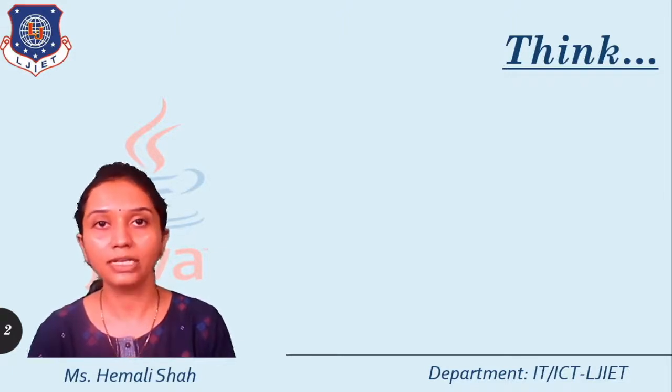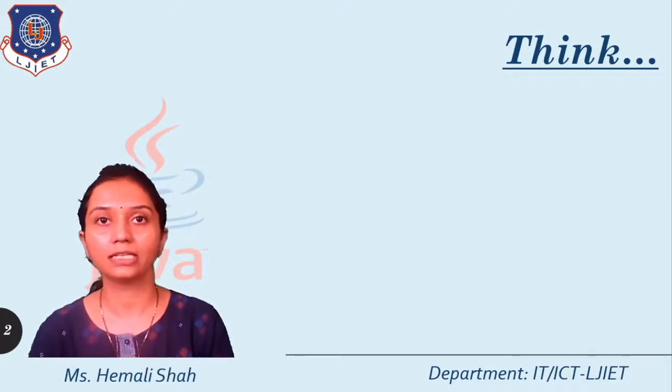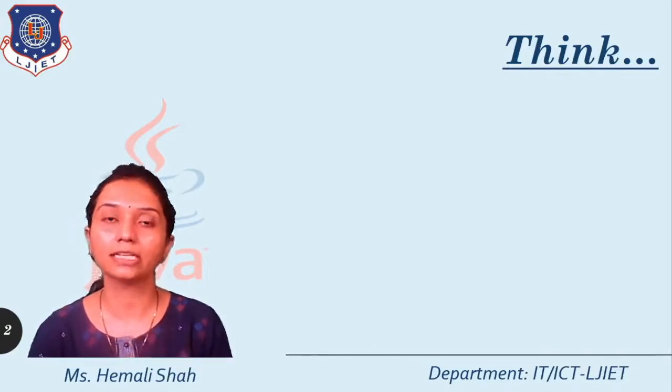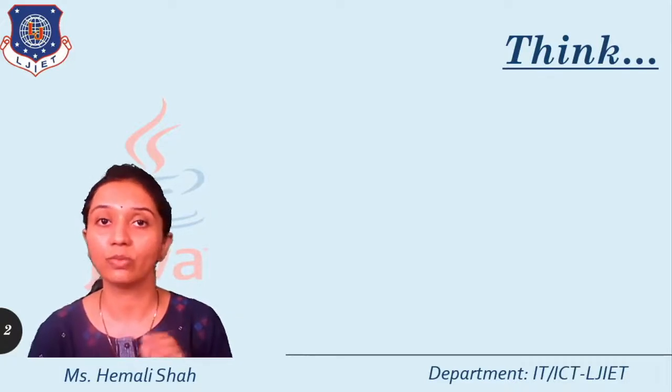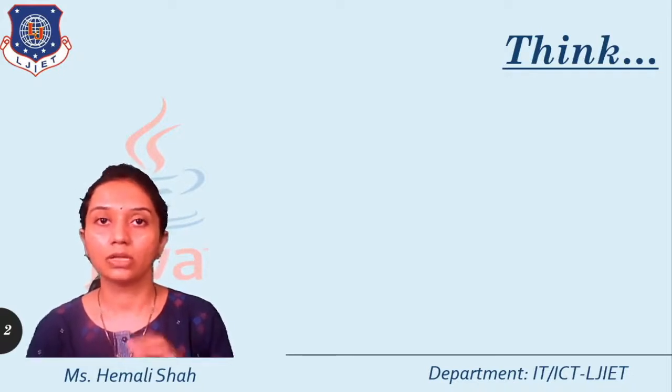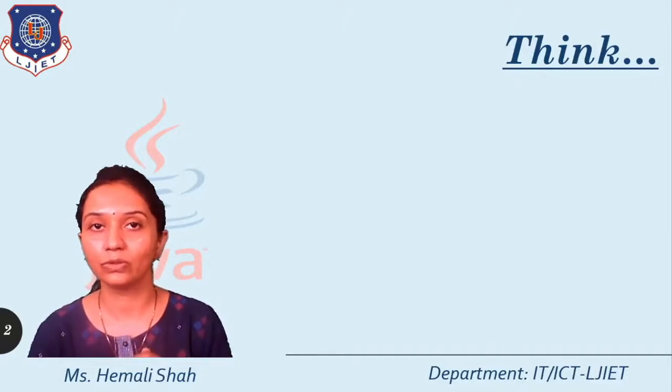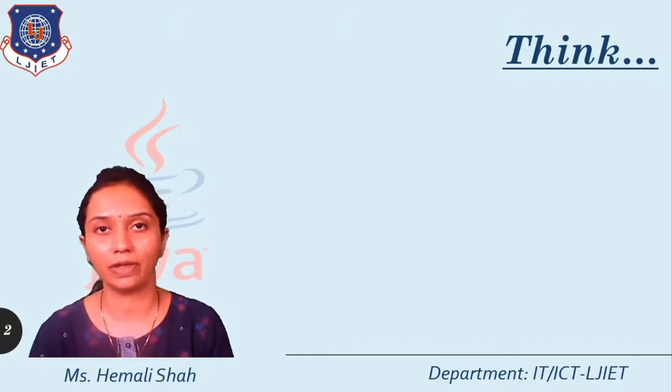We have already learned types of inheritance using the interfaces. Now to learn hybrid inheritance, you must have the knowledge about multiple inheritance using the interfaces. So this multiple inheritance is only and only possible by using the interfaces in Java.